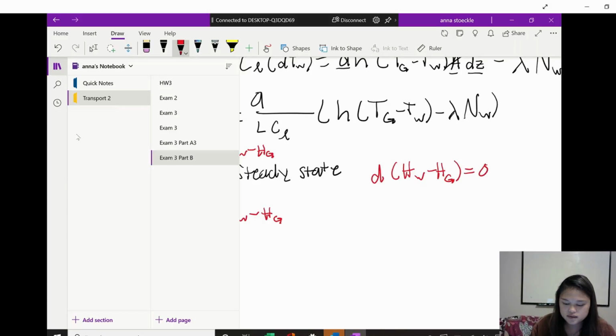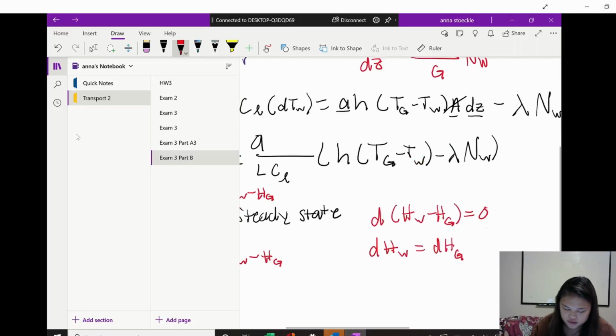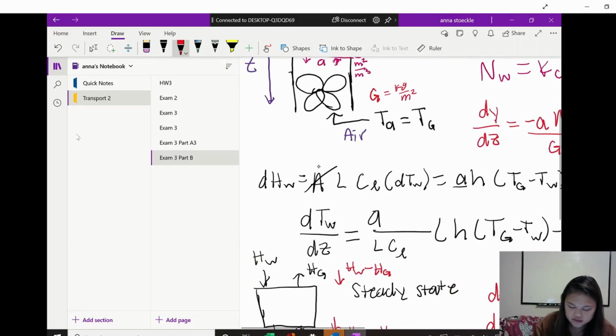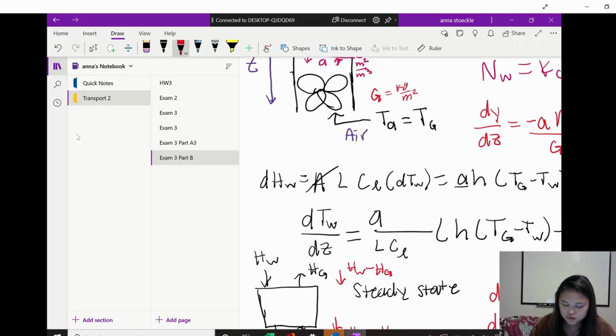So this differential of the enthalpy of the water is going to equal that differential of the enthalpy of the gas, the change in enthalpy of the air, and this is the change in enthalpy of the water. And this is important because we already know this change in enthalpy of the water. Here it is. So that's crucial.